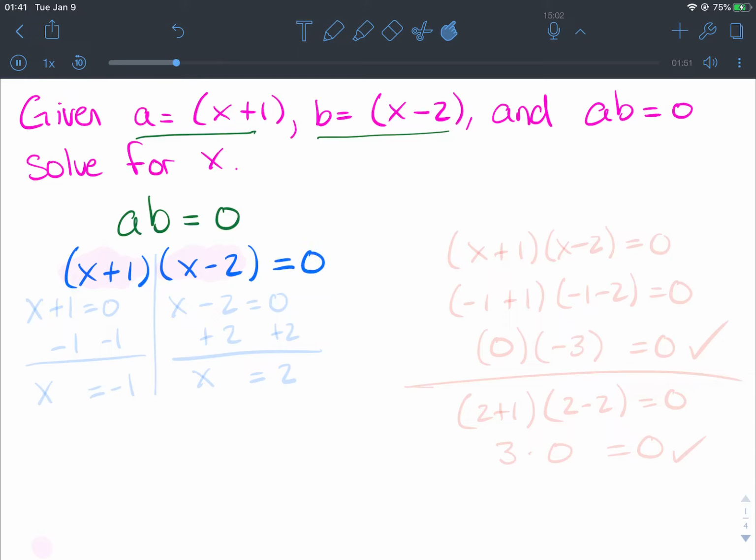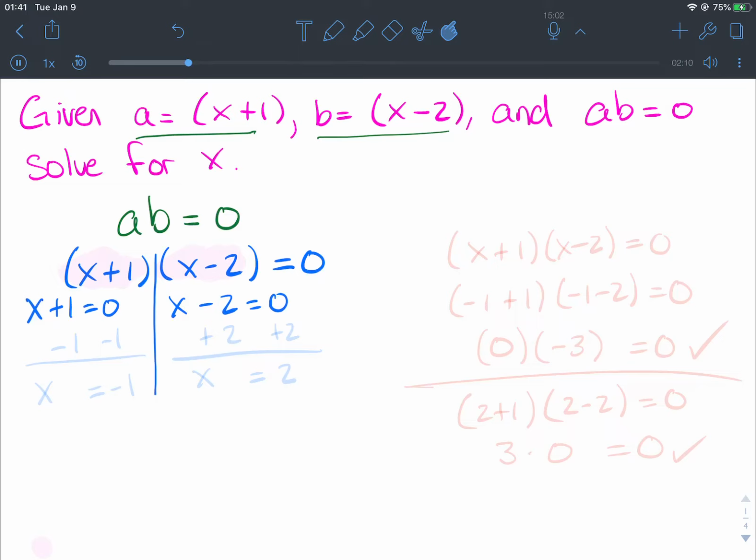And what did we say? Either a is 0 or b is 0. So in order to do a problem like this, we're going to take a and b and separate them. And like we said, either a is equal to 0 or b is equal to 0.